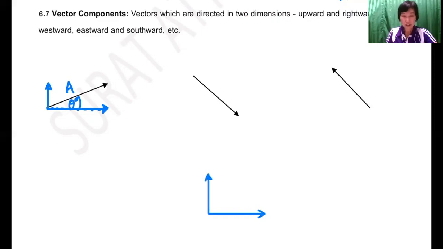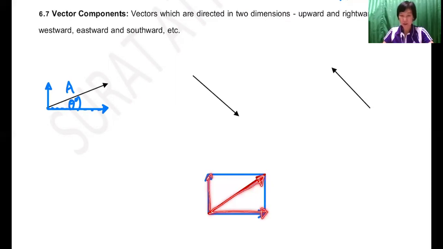When we add them together, this is the resultant of these two vectors. Or we can say that these two vectors combine to give this one.